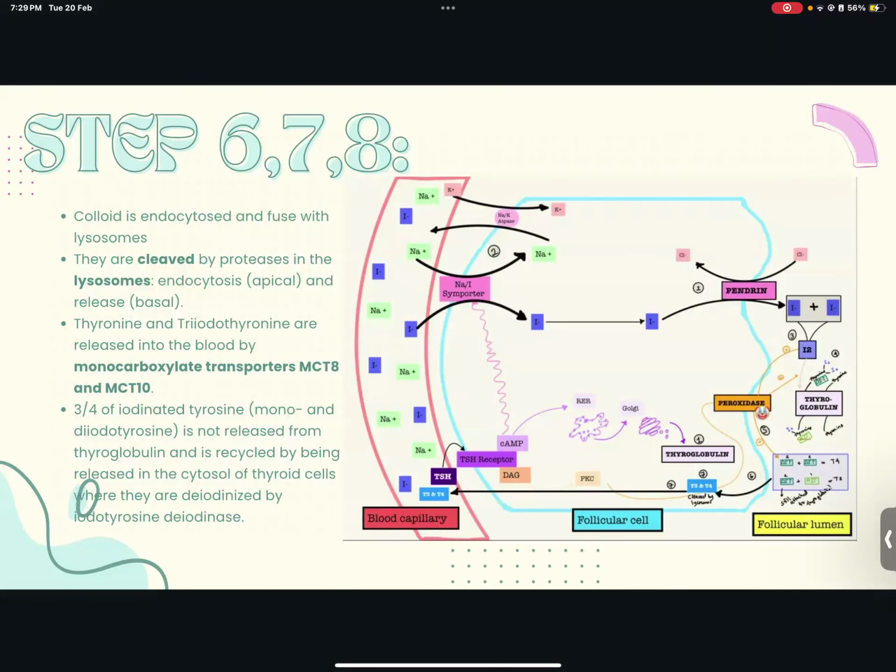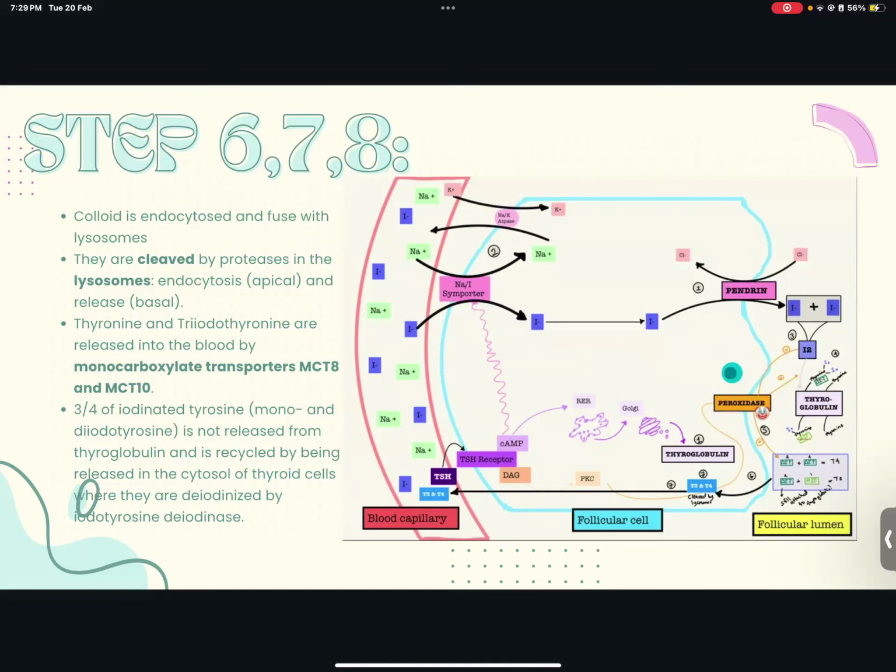Now, let's talk about the final steps for thyroid hormone synthesis. Basically, your colloid, the thyroglobulin, the iodinated version of it, is going to be endocytosed.